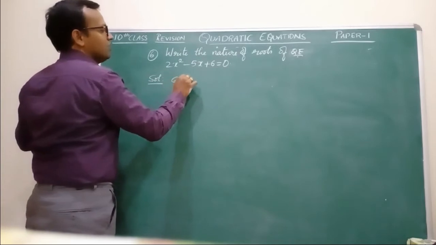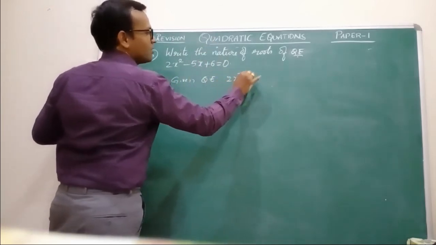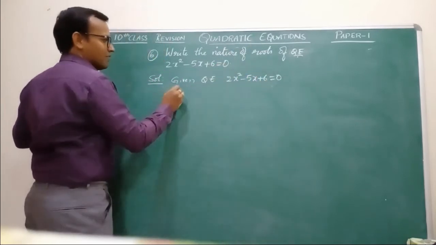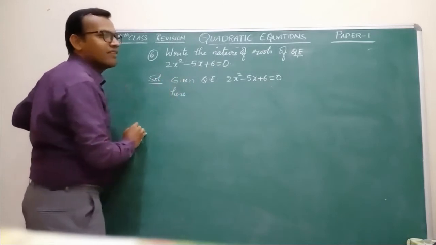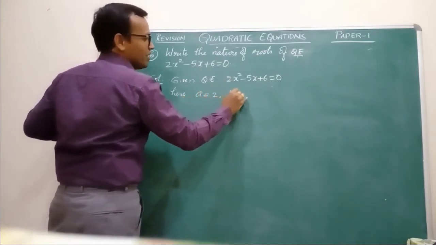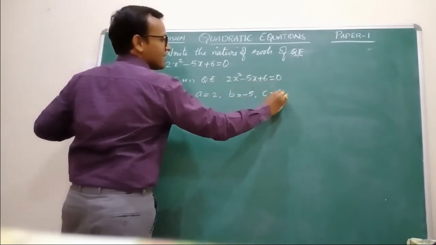Given equation, 2x square minus 5x plus 6 equal to 0. Here, by comparing with the general form of quadratic equation, a value is 2, b value is minus 5, c value is 6.